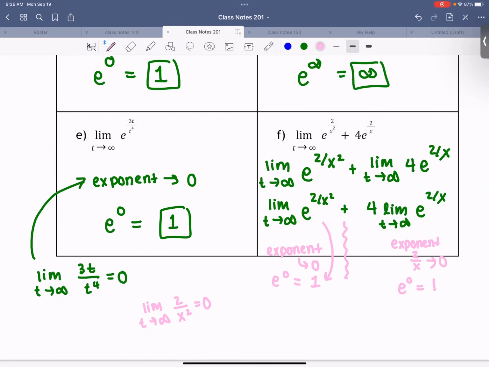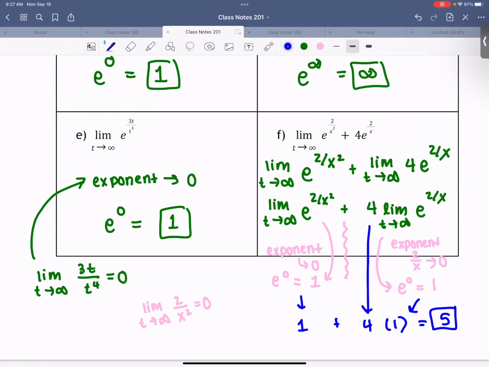So I found one limit, I found the other one. Let's add them together and multiply that 4. Looks like we're left with 1 plus 4 times 1, which is 5. Any questions on part F?